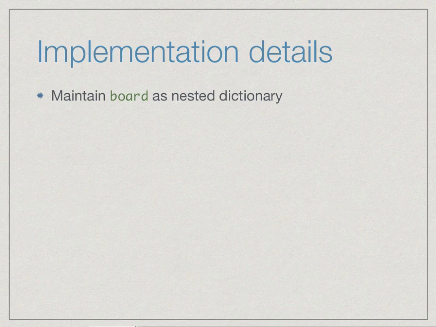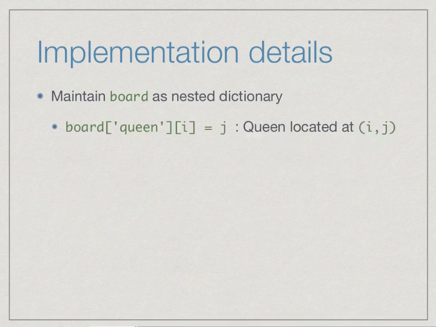So one implementation detail for Python is that instead of keeping these 5 different data structures, a board and a row and a column and all that, we can keep it as a single nested dictionary. So it's convenient to call it board, and we'll have at the top 5 key values indicating the 5 sub-dictionaries. So for the queen position, we will call the key queen. Instead of saying board i is j, we will say board with queen as the key at position i is j.